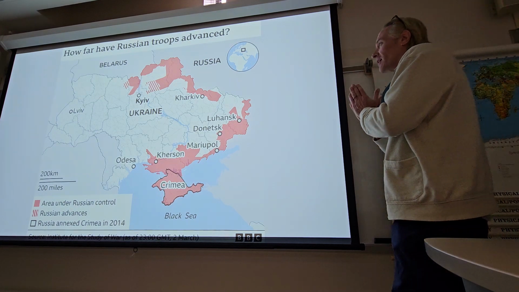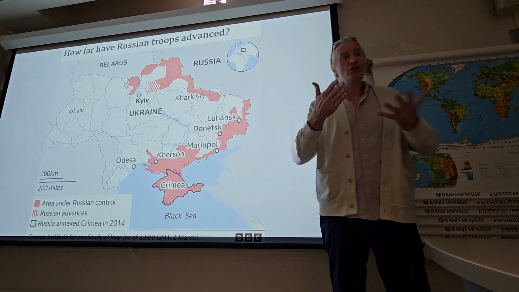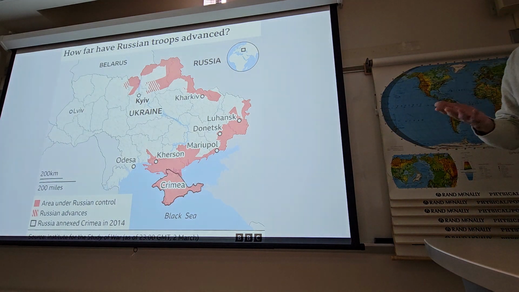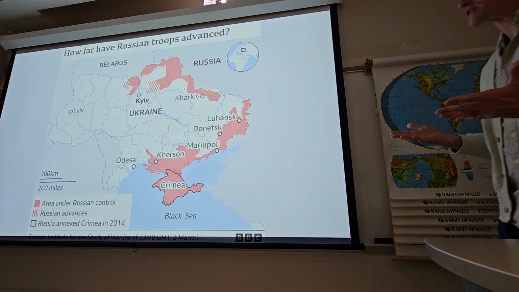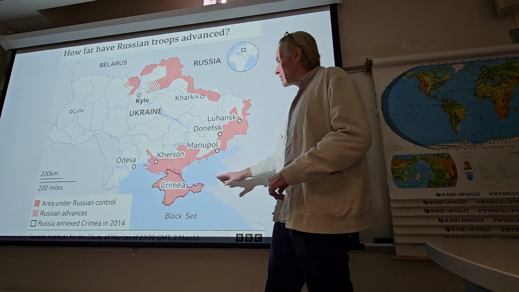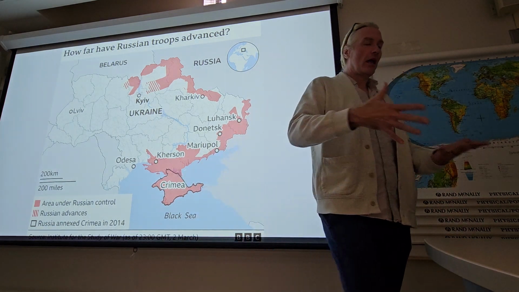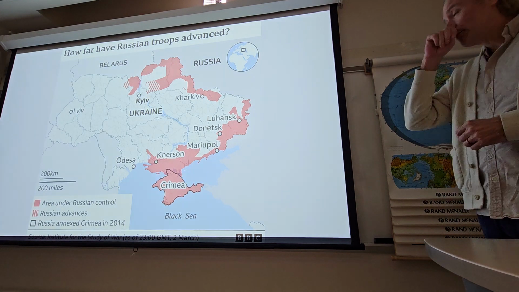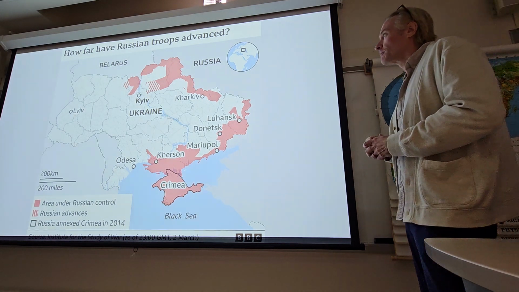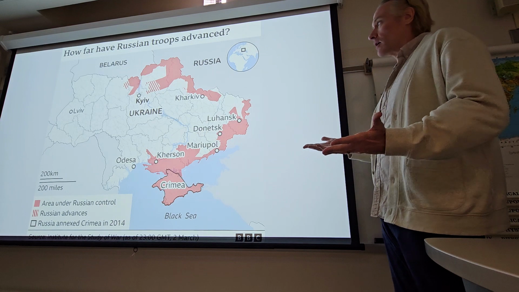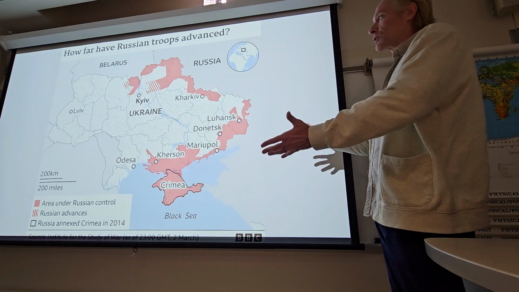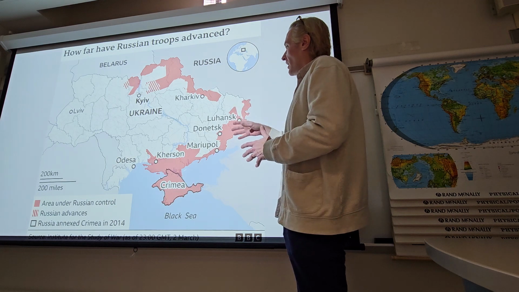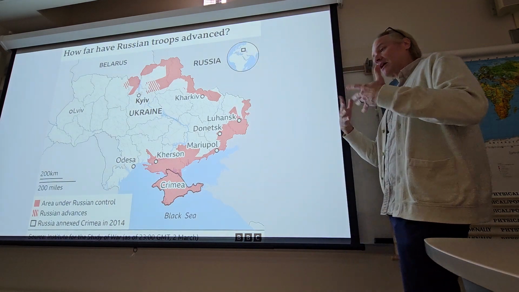When the most recent invasion into Ukraine happened, and I say the most recent because it was actually in 2014 that Russia took Crimea. When that happened, there was an amount of international outcry, but during the Soviet era, Russia moved a bunch of Russian population into a number of regions in all the different countries they had control of.